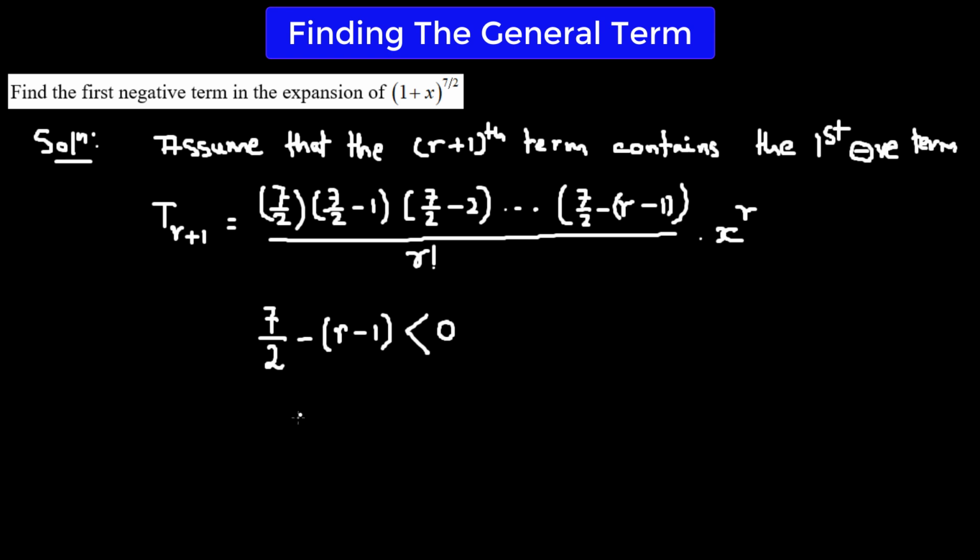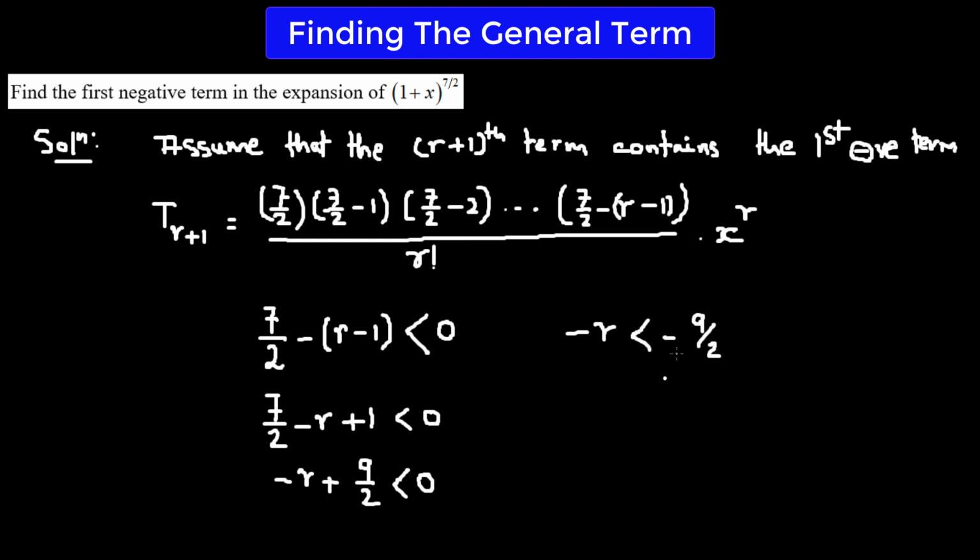So let's find the value of r. We have 7/2 - (r - 1) less than 0. That gives us -r + 9/2 less than 0. We have -r less than -9/2. We multiply both sides by -1, so that flips the sign of the inequality.